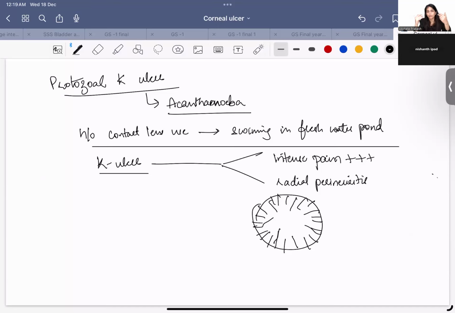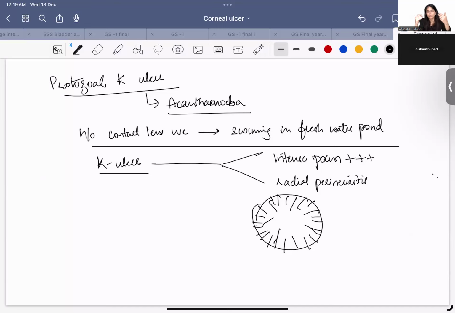Then coming to the treatment options here, two drugs, PHMB, polyhexamethylene biguanide, and chlorhexidine. These are the drugs of choice for your acanthamoeba corneal ulcer.